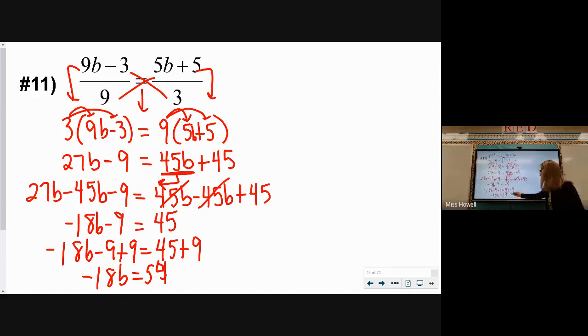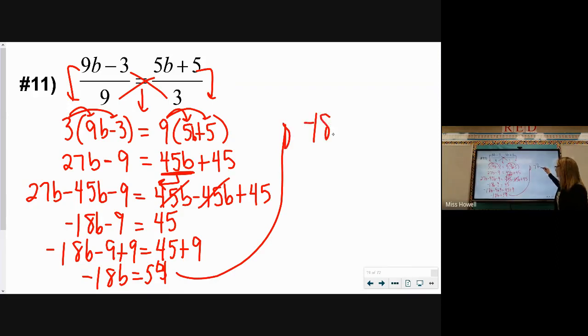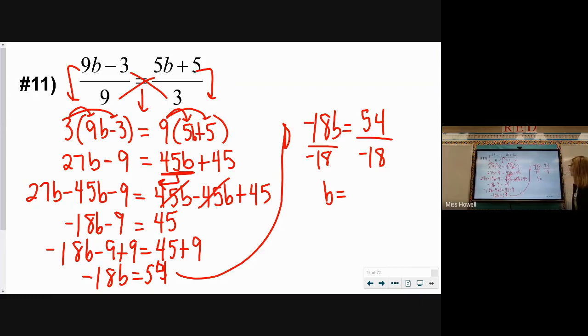All right, from here, one stepper, take your negative 18b and divide by negative 18. 54 divided by negative 18, and we'll end up here with a negative 3. Good final value for b.